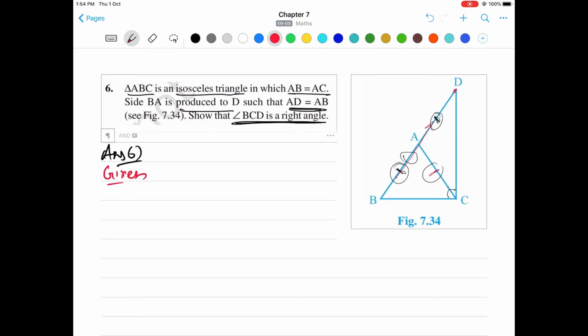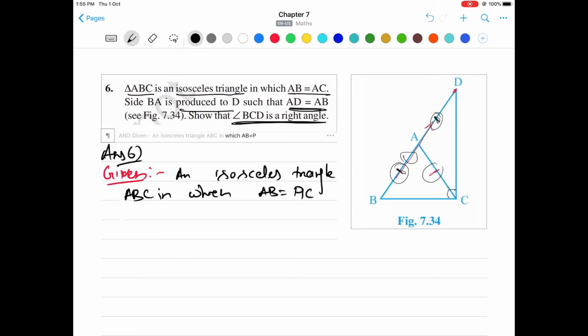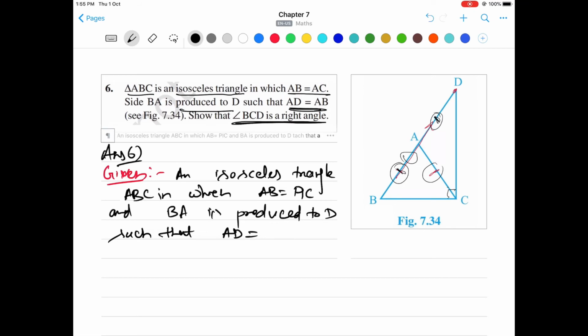The given here is an isosceles triangle ABC in which AB is equal to AC and BA is produced to point D, such that AD is equal to AB.